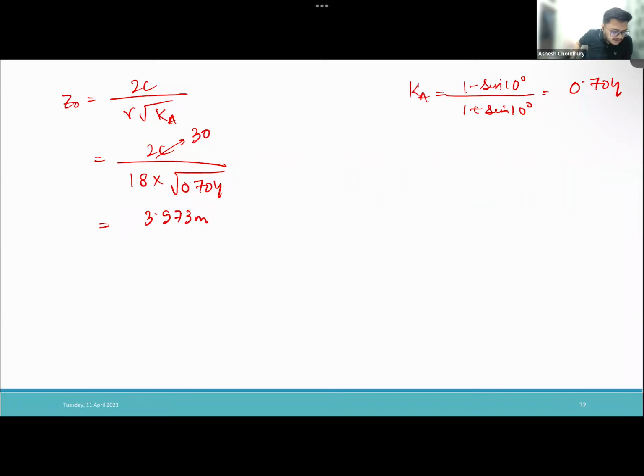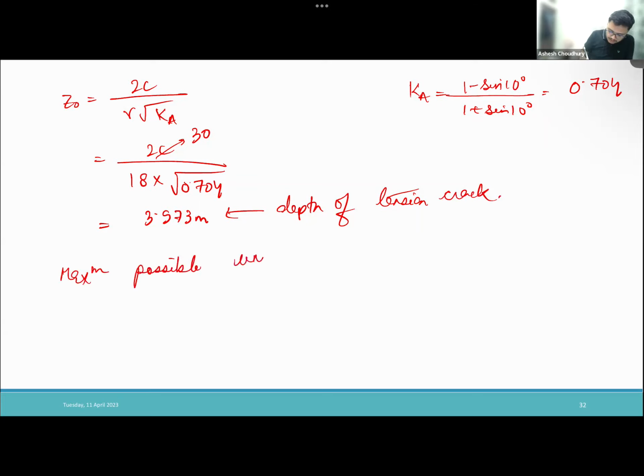Now calculate the maximum possible unsupported depth. Okay, so the maximum possible unsupported depth is nothing but, this is the depth of tension curve. So next is maximum supported depth.